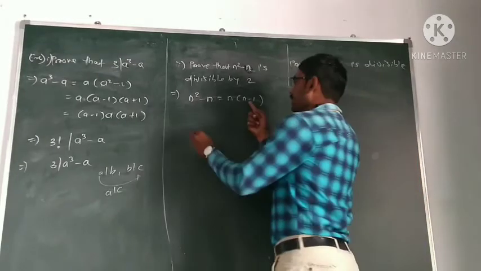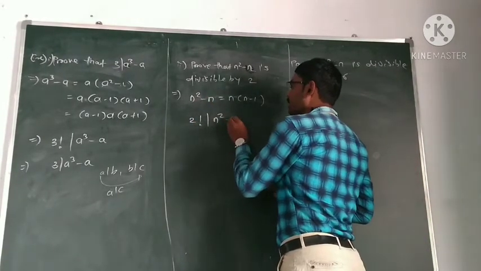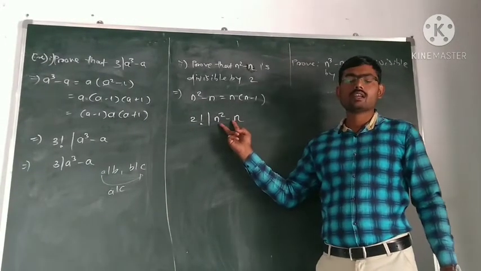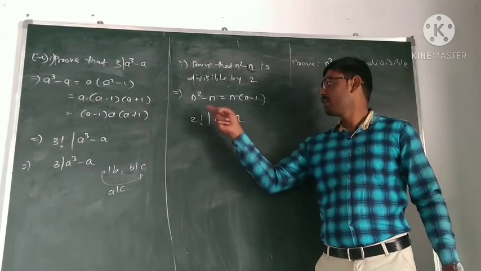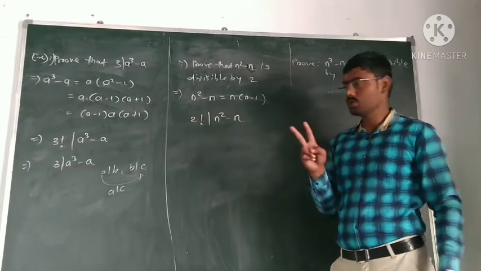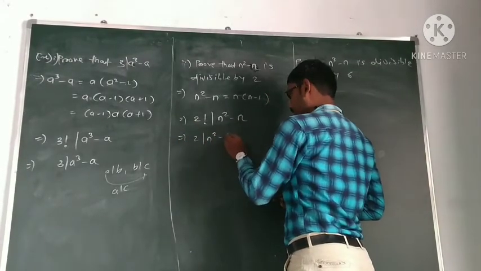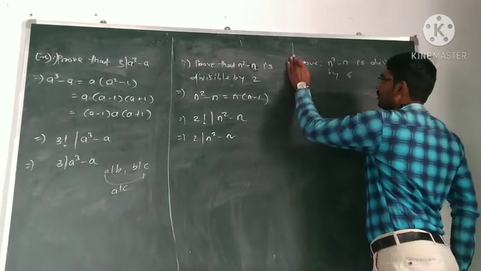So by the theorem, this number is always divisible by 2 factorial. 2 factorial divides n square minus n. Why? Because n square minus n is nothing but the product of two consecutive integers, so always divisible by 2 factorial. 2 factorial is 2. It implies 2 divides n square minus n. Very easy example.